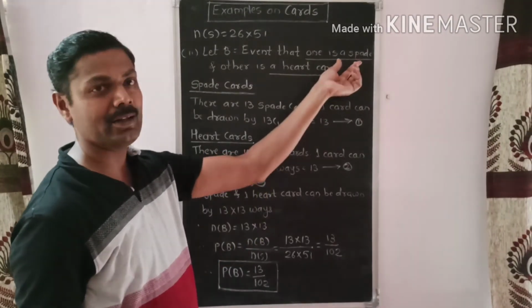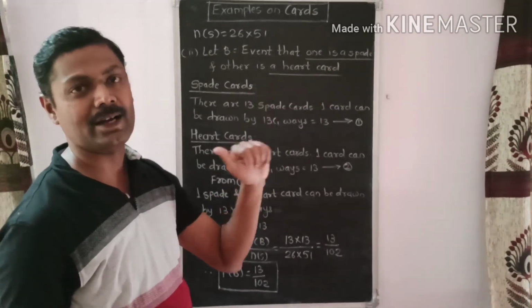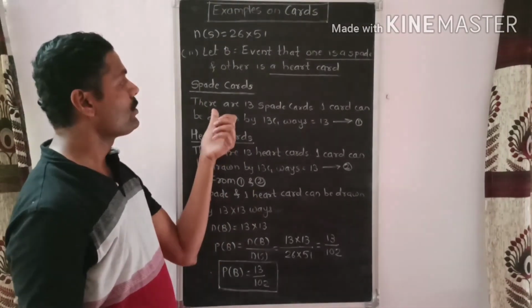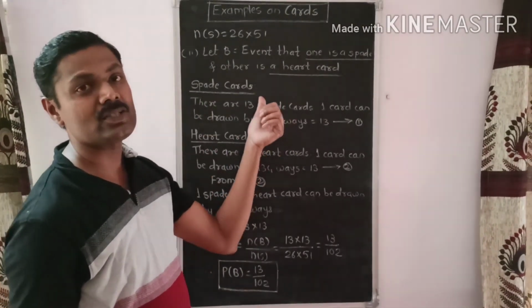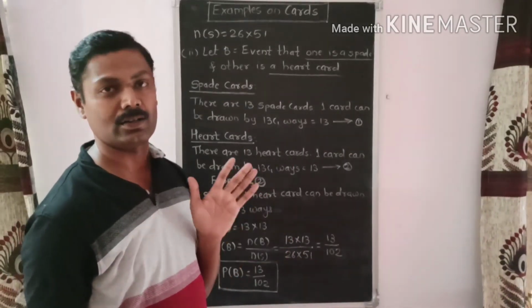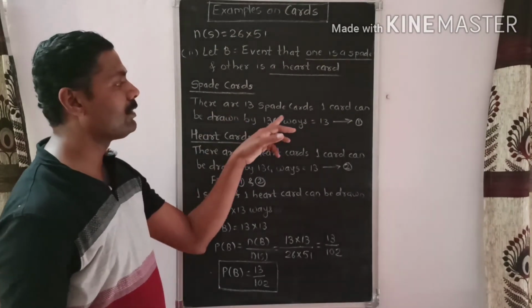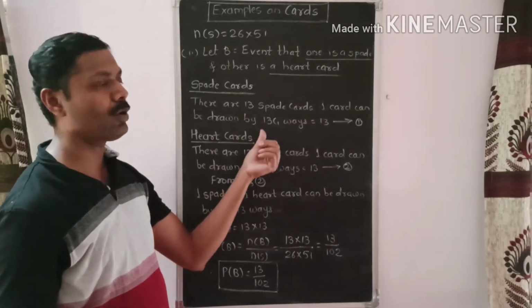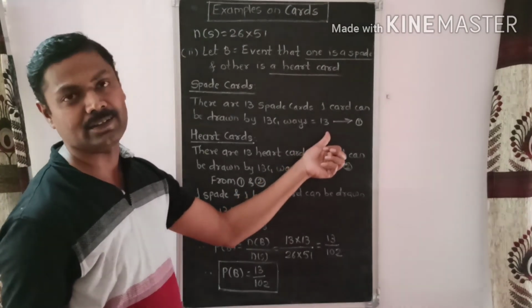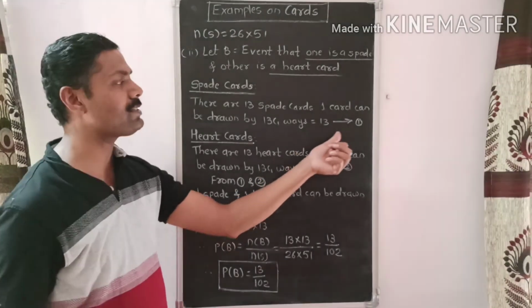One is for spade and the other is for heart cards. See the calculation for spade cards. There are total 13 spade cards, out of which we have to draw only 1 card. So there are 13 spade cards and 1 card can be drawn by 13C1 ways. 13C1 means it is 13.